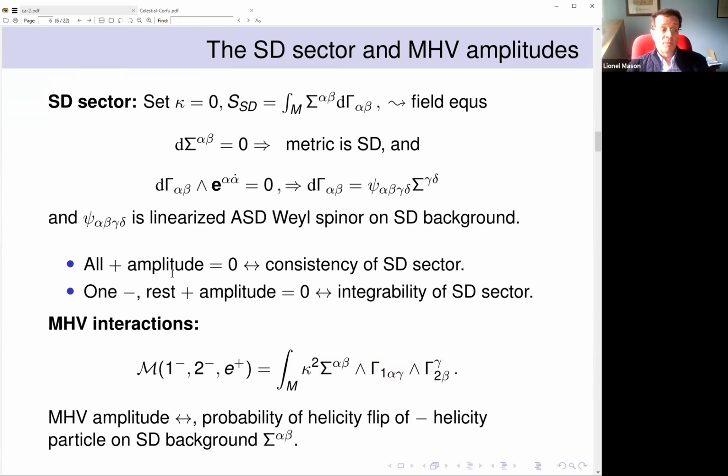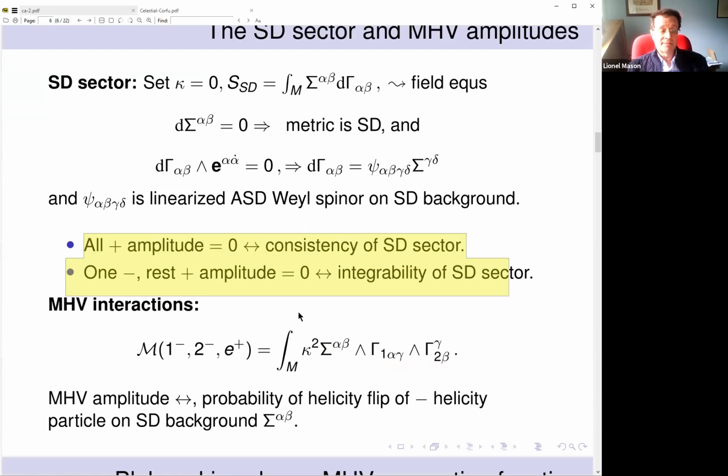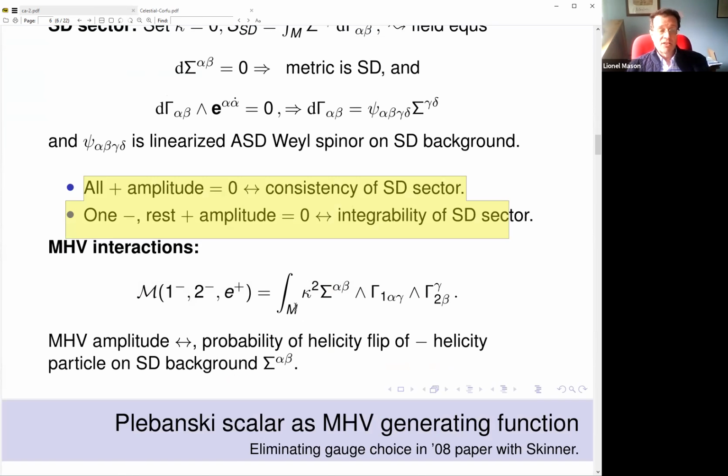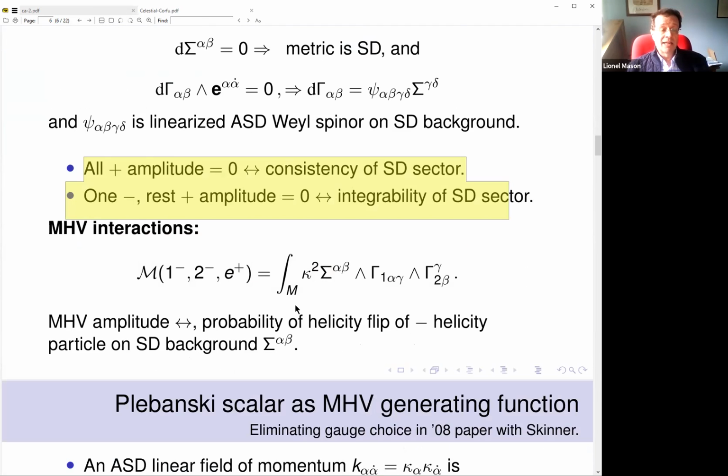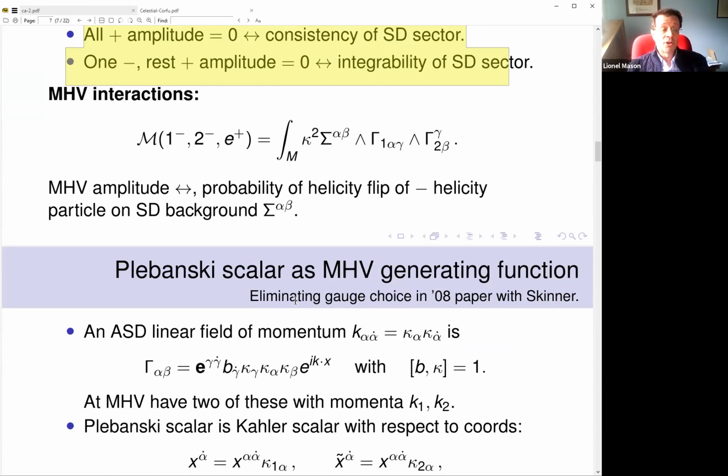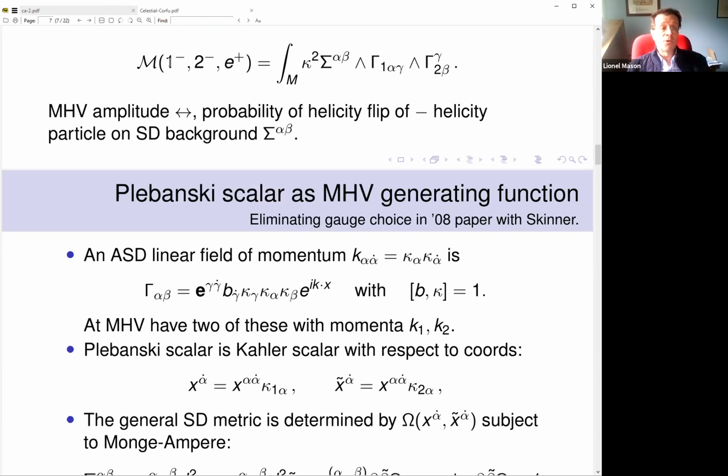And you can interpret various standard lore about the all-plus amplitude vanishing and so on in terms of this.